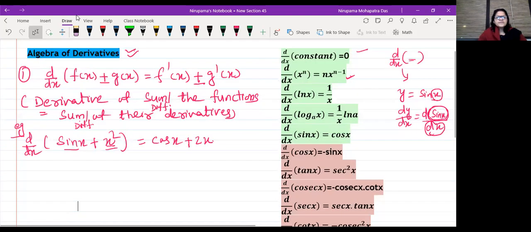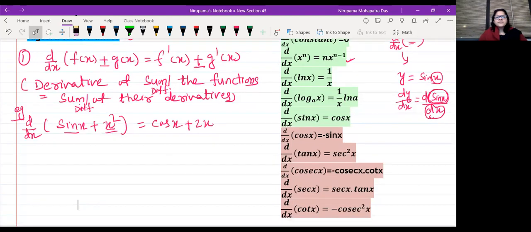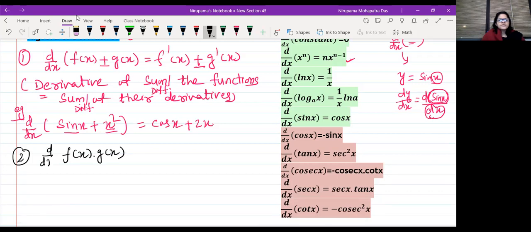The second formula is very important. Second one, whenever you have product of two functions, so it means if you have fx into gx, derivative of the product.